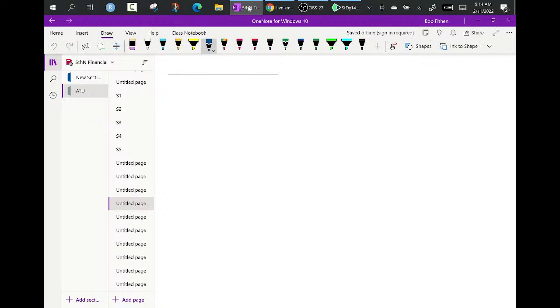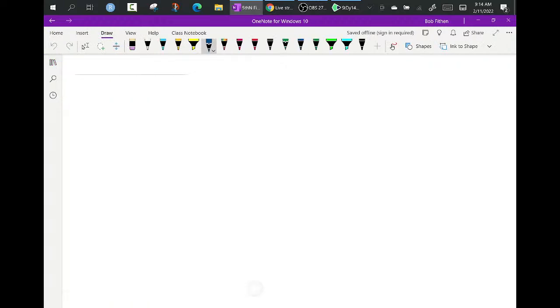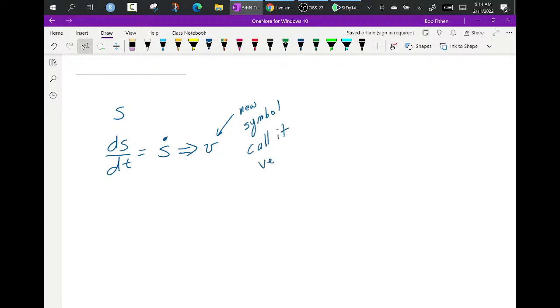So if you think back to what happened early on in your time with this, somebody had an S, and then they decided to write this. And then they decided that they wanted to call it velocity, so they made up a new symbol and called it velocity. So I'm basically going to make a corollary between this. This is a new symbol somebody came up with.